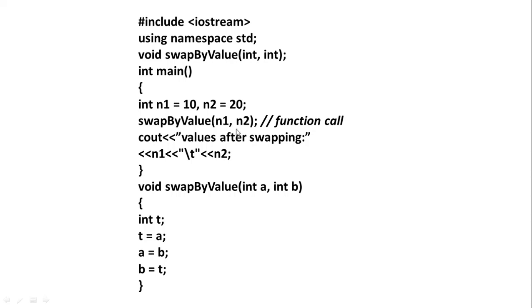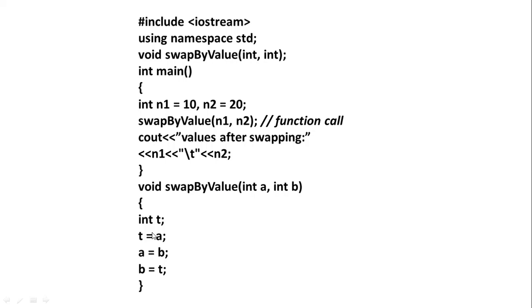The parameters inside the function call. The parameters means after the function name, what you will see are some inputs, right? These are the function calling parameters, and the parameters present in the function call are known as actual parameters, while the parameters present in the function definition, can you see this is the function definition, right?